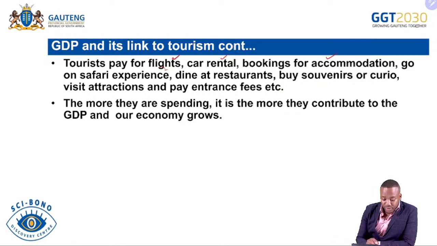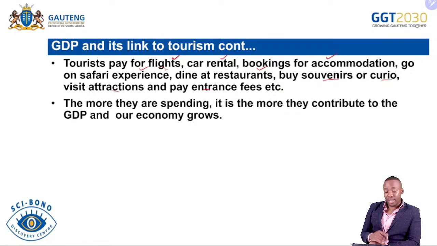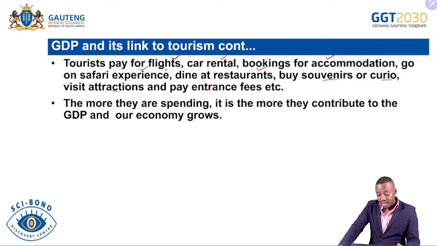Then they decide to go on an experience, a safari experience there by Kruger National Park, or they might decide to go and dine at the restaurant and have food, or they might decide to buy souvenirs or visit attractions. And all this requires them to do what? To spend. When you visit some of the attractions, they need to pay entrance fees and so on.